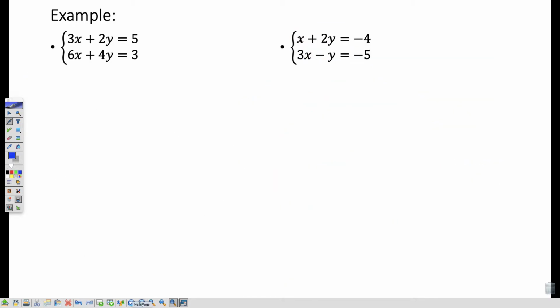Okay, 3x plus 2y equals 5, 6x plus 4y equals 3. Well, they're halves of each other.